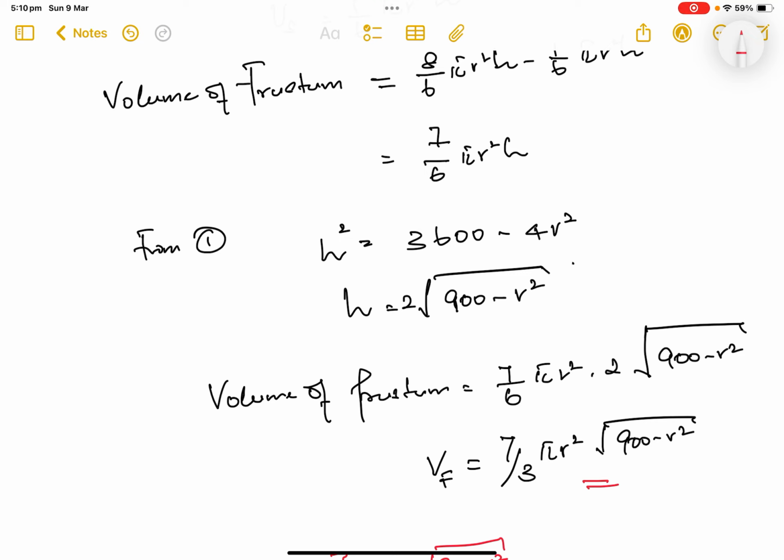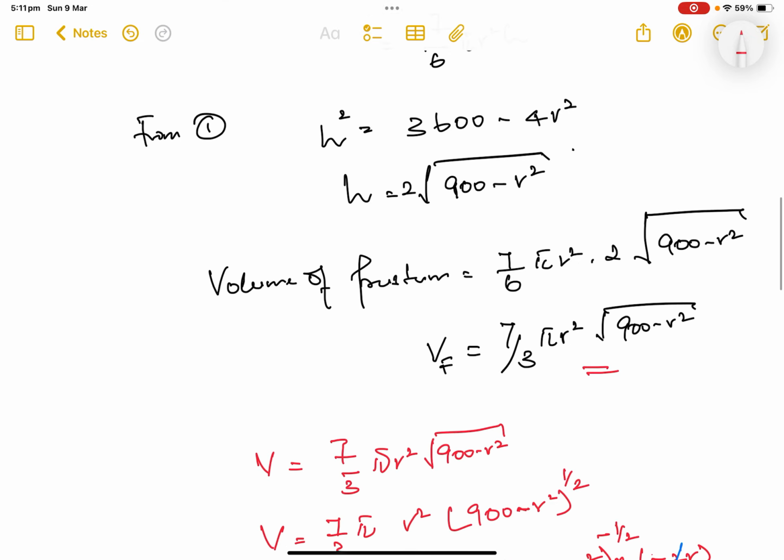Plus or minus, but no minus here, just plus, because it's a distance and height is a positive value. Take 4 out of the root sign, that is 2, and 3,600 divided by 4 is 900, minus r squared. So h is 2 times the square root of 900 minus r squared. And substituting that, Vf, the volume of the frustum, equals 7/6 pi r squared.